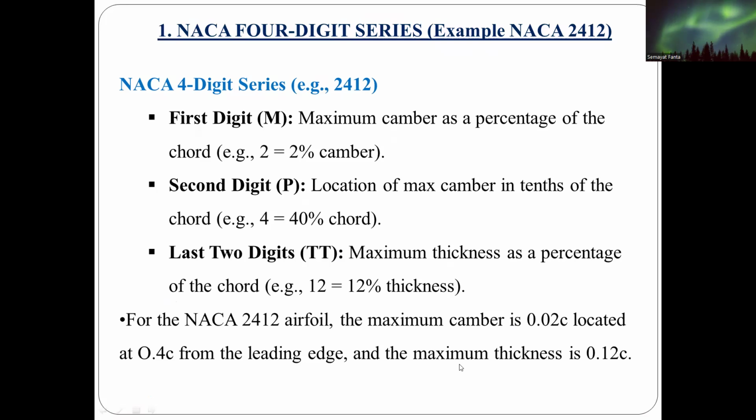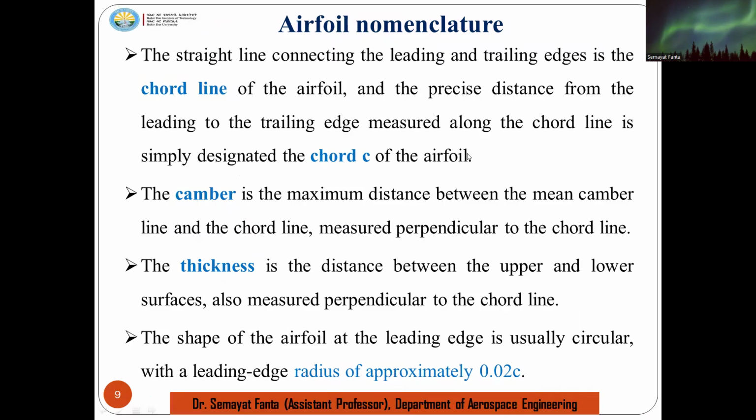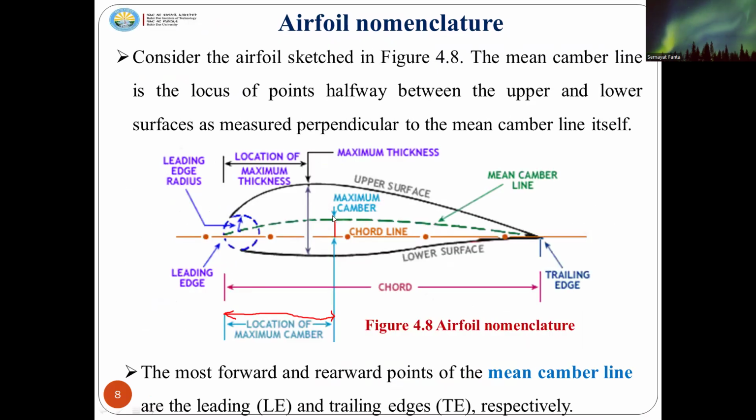For example, in NACA 4-digit 2412, the first digit 2 represents the maximum camber as a percentage of the chord. For the given chord, the percentage of that chord gives us the maximum camber. As I told you, maximum camber is this thing.